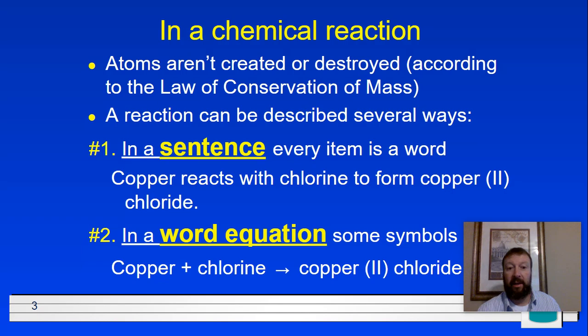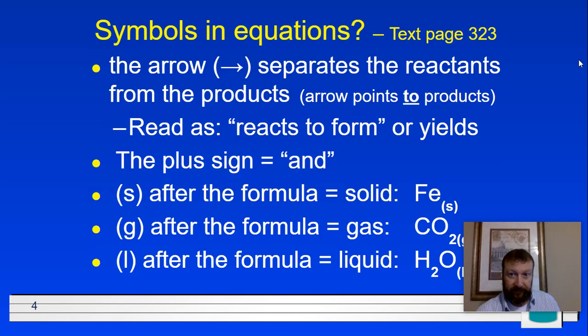Or you can use the actual symbols themselves. Instead of writing out the word chlorine, you can use Cl as a symbol. So you've got the full sentence form, the word equation, and then the chemical equations that have everything. There are really 3 different ways that you can write this.